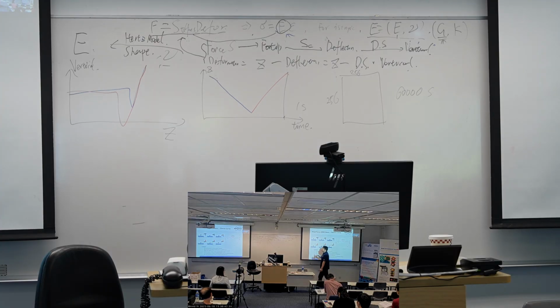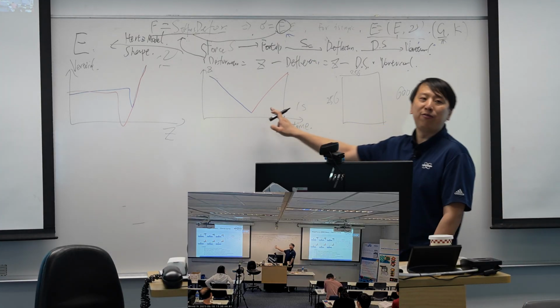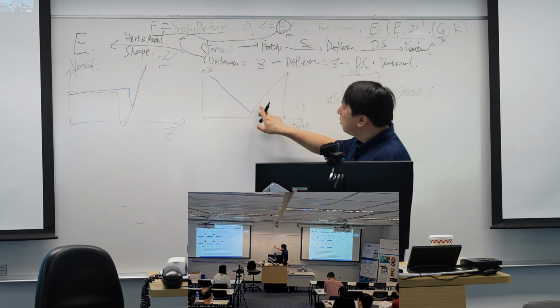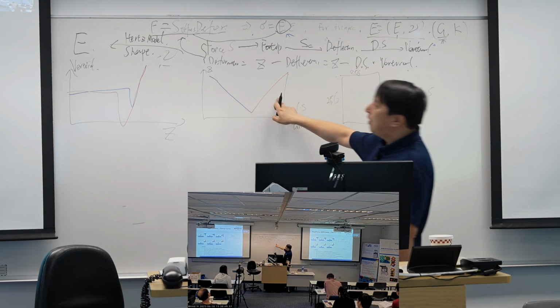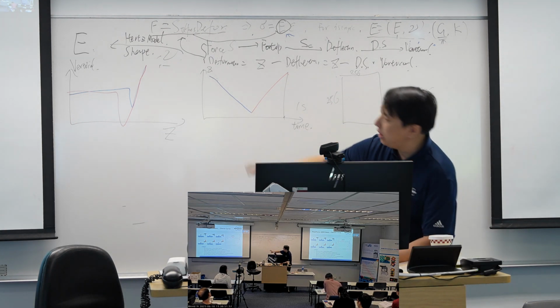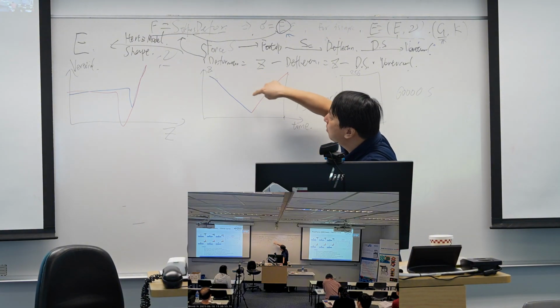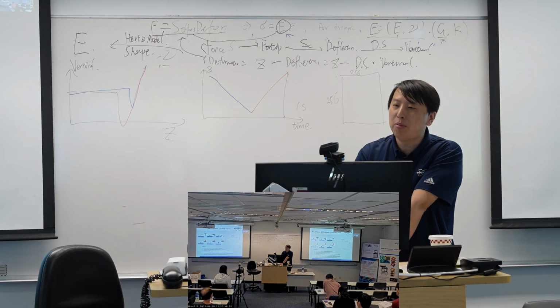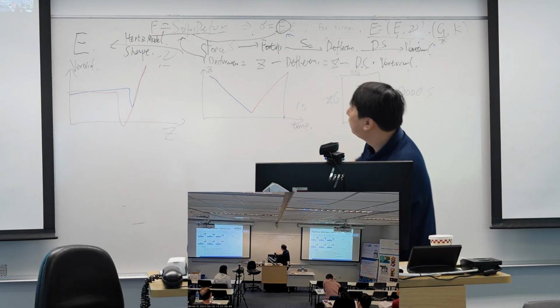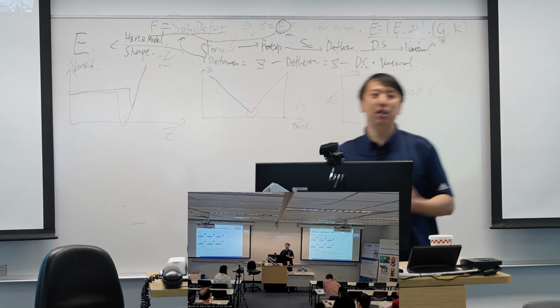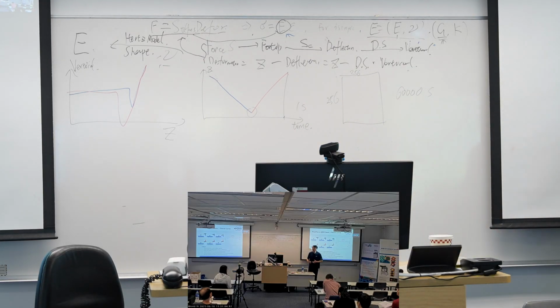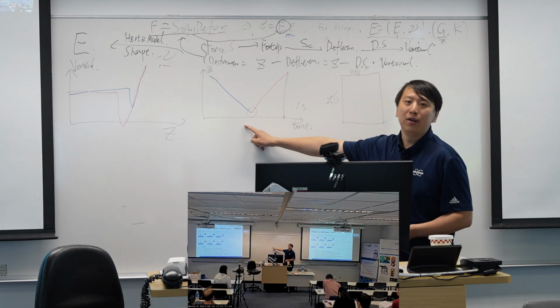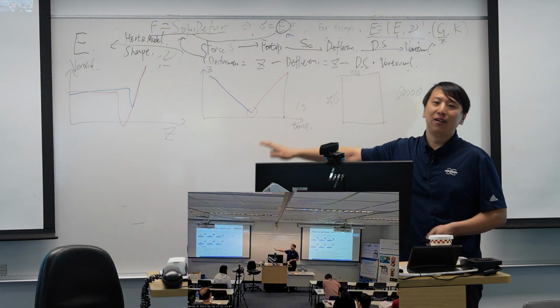We need this force curve to be fast. When we take a close look at the force curve, we found some problem here. In high school, we learned Newton's first law, which says you are facing an inertia.